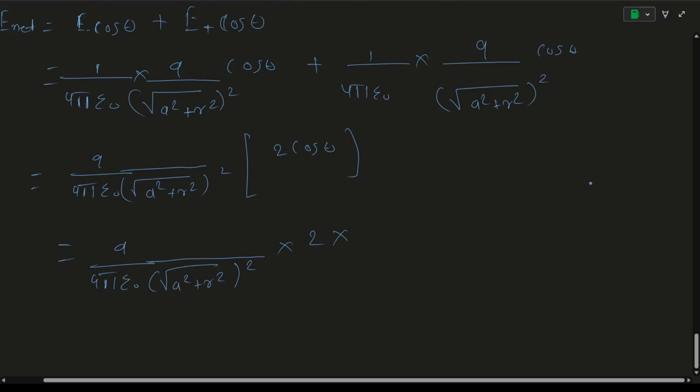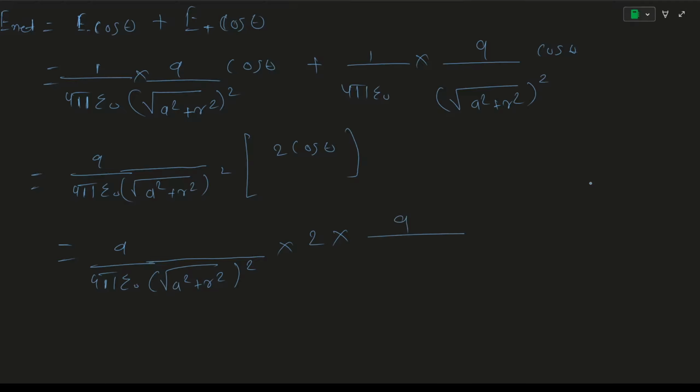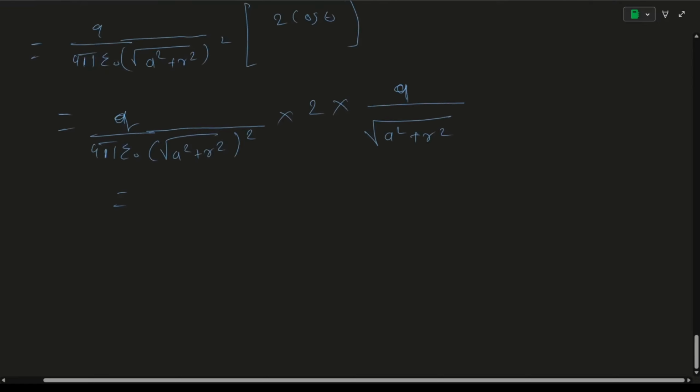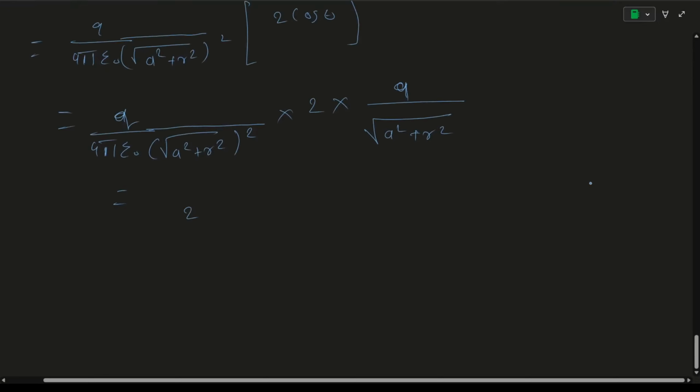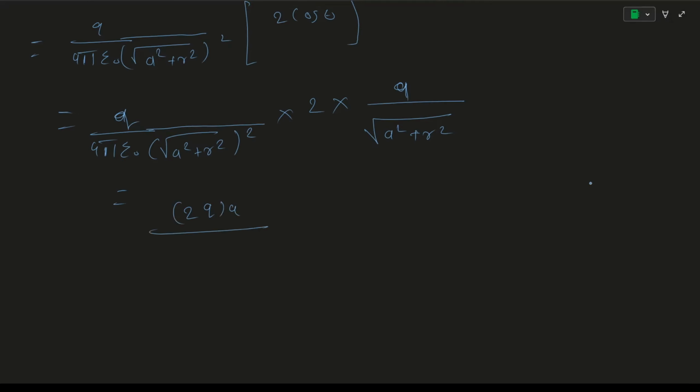So 2 in place of cos theta, a upon root a square plus r square, and this is q. So this will become 2qa upon 4 pi epsilon naught, and here is a square plus r square after squaring this, so the under root will get removed, into a square plus r square to the power half.